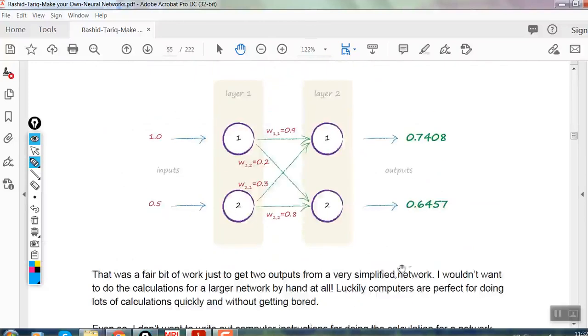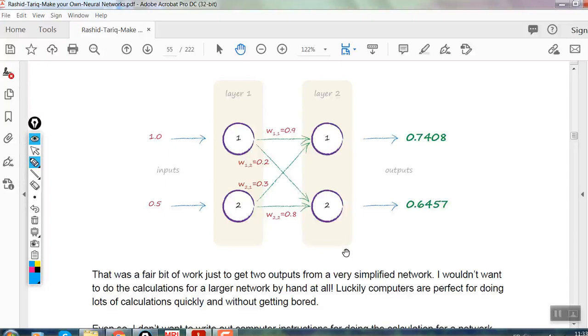Now another thing is that this neural network is so simple, but if we have, for example, 100 nodes in each layer, for example 20 nodes with 5 layers, then it is too time consuming to multiply step by step this value and then another value with this weight, then calculate the summation and pass it through the sigmoid.